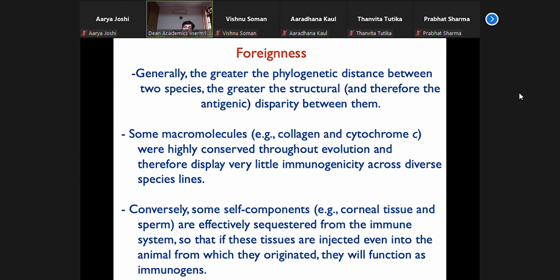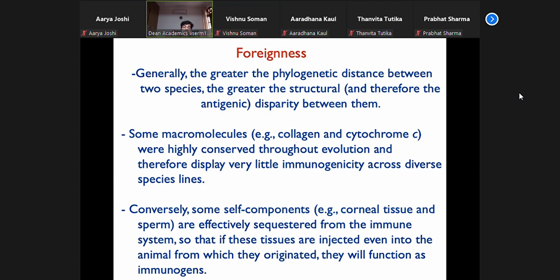Even if you get collagen from a rabbit and inject it in your system, it's going to be only a little immunogenic. Conservation is the key here. So one is phylogenetic relatedness: it has to be distantly related to be immunogenic. If the protein you are injecting is conserved, it will be less immunogenic.